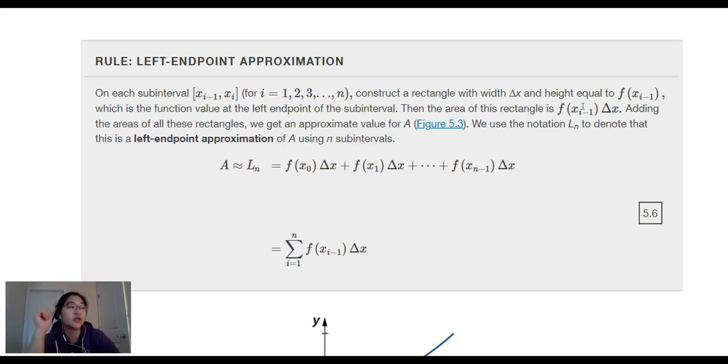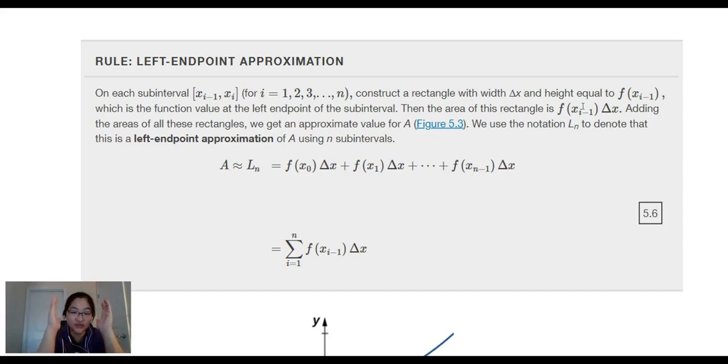We're using our subintervals, and we're looking at n subintervals. We take our whole interval and slice it into n pieces.